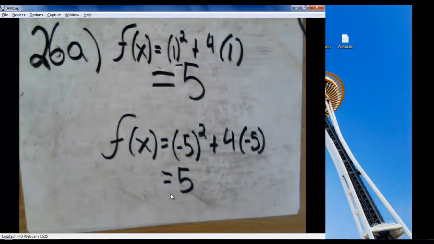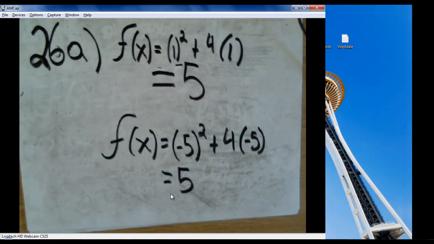26A. My question was find the value of x if f(x) equals 5, and there's two solutions. One is 1 and the other is -5. If you just sub them in, you get 5 for each. You're kind of working it backwards, let me explain what you need to do.